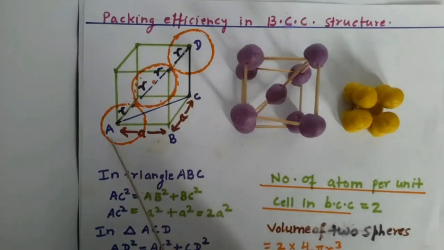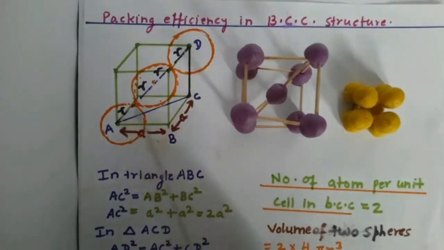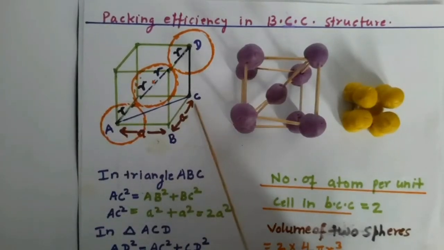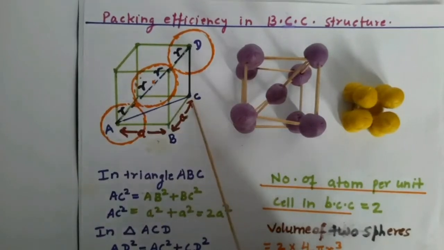Now let us consider this triangle ACD. This is also a right angle triangle. Here this AC, that is the face diagonal, is drawn over the plane of the paper, and CD is perpendicular to this plane.